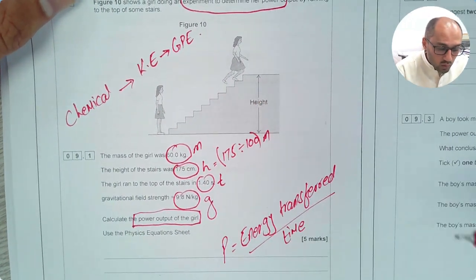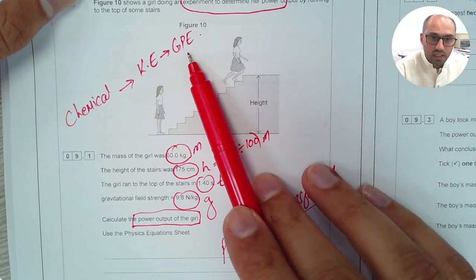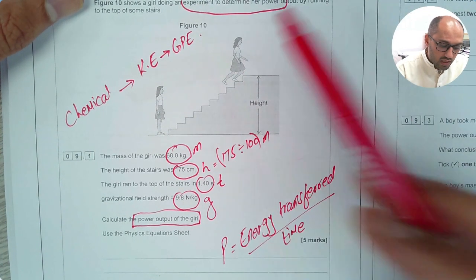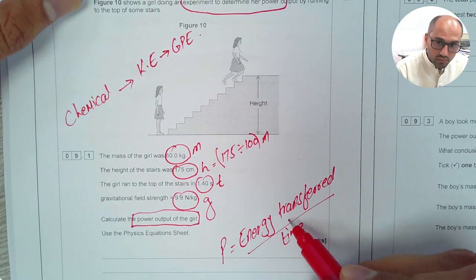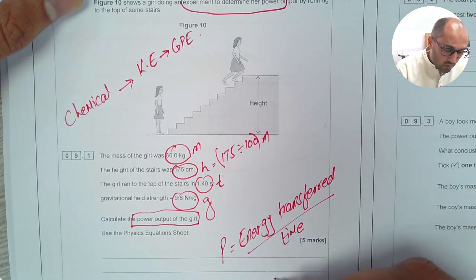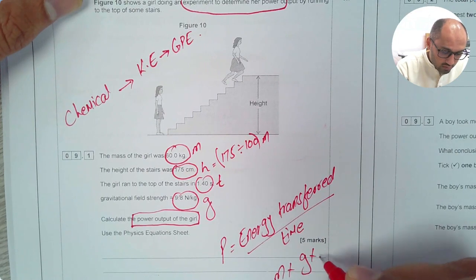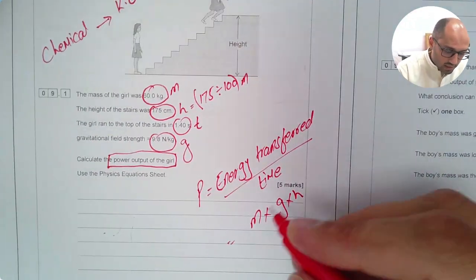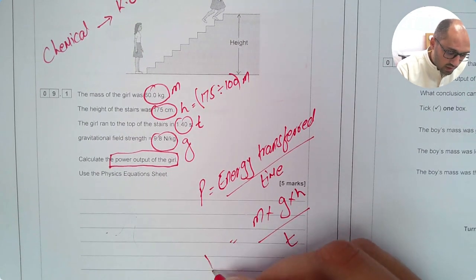So in this case, we can work out the value of GPE. That's the energy transfer that has taken place. To work out the value of GPE, we'll have to change this energy transferred section into its equation, which is mass times gravity times height. That's the formula for calculating GPE, divided by time.